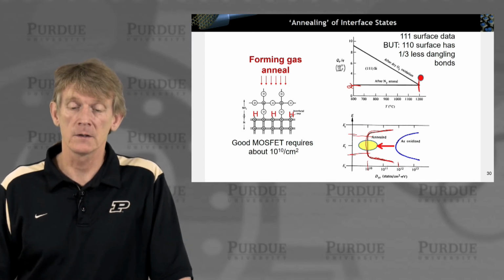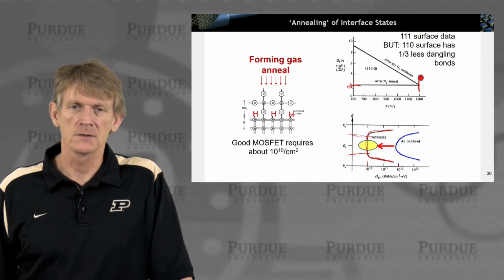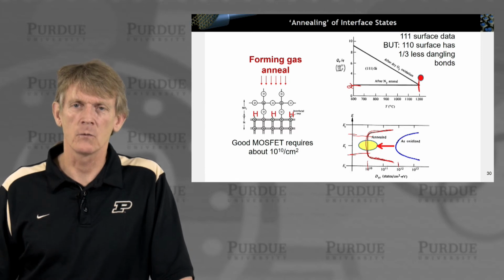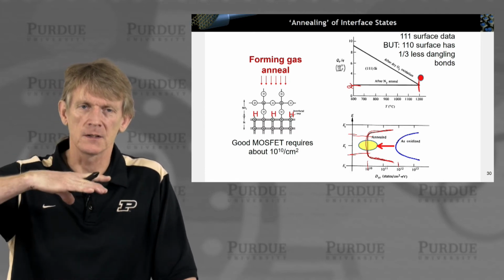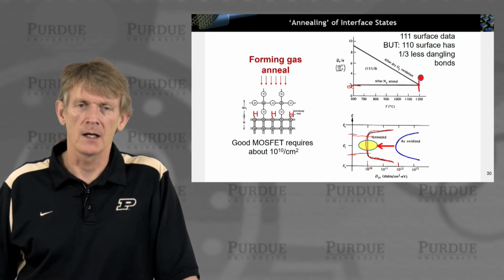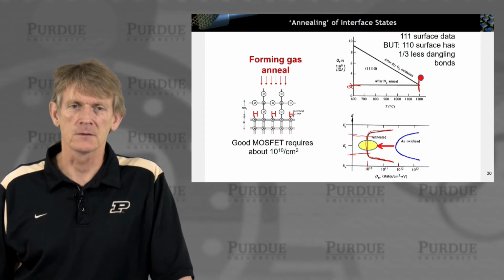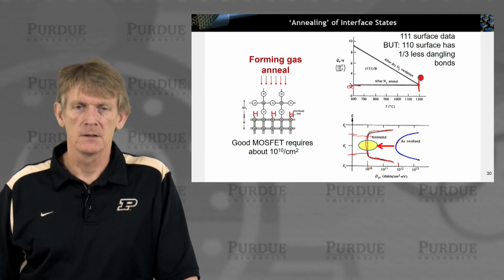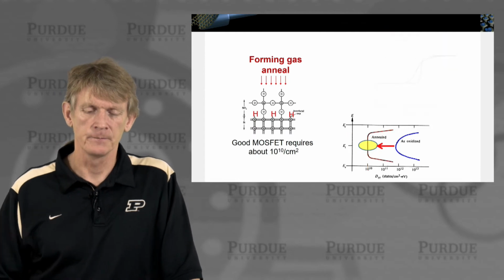That's why semiconductors are typically processed on a wafer oriented upwards in 110, because as you grow an oxide on top, you have a reduced number of dangling bonds. So crystal orientation again shows up here rather relevantly.